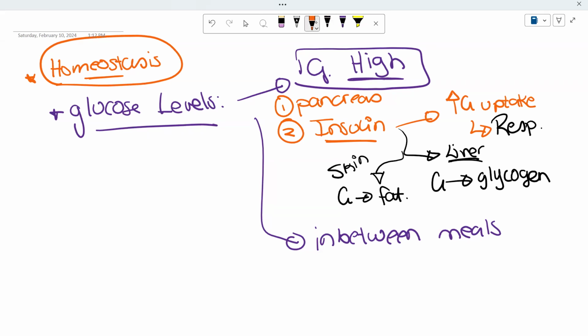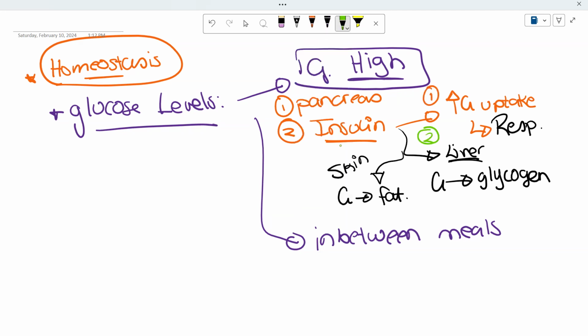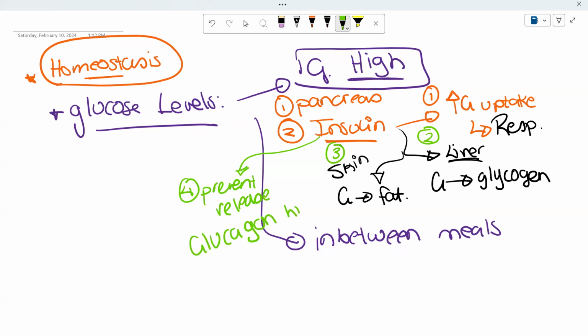So it will do 3 things. Let me number them: 1, 2, 3. Something else, insulin will prevent the release of the glucagon hormone. Very good, the glucagon hormone. Why is this important? Because we will study the glucagon hormone in a minute.